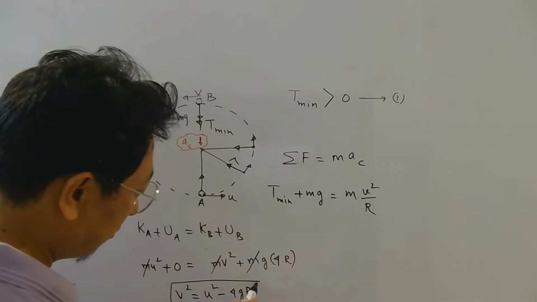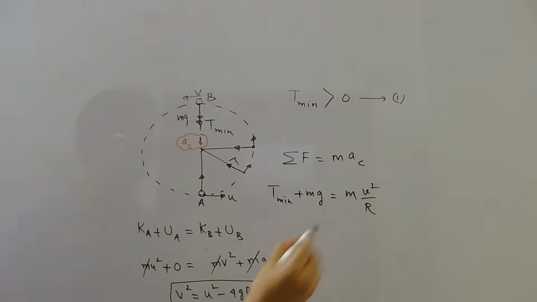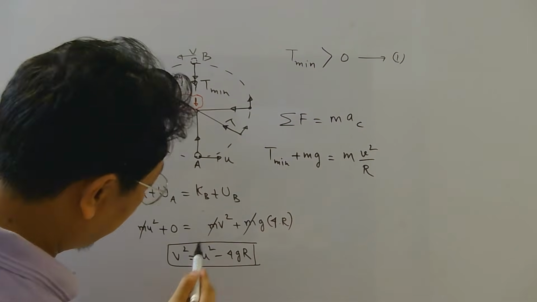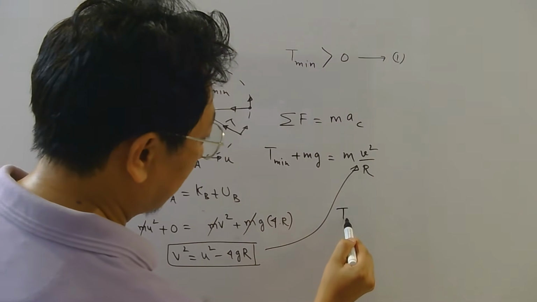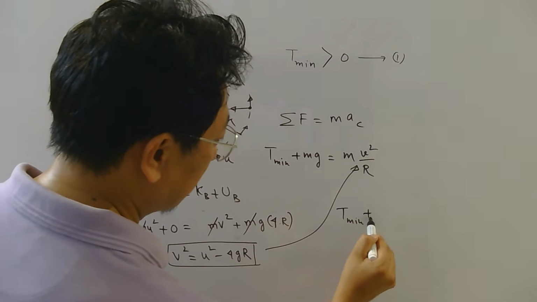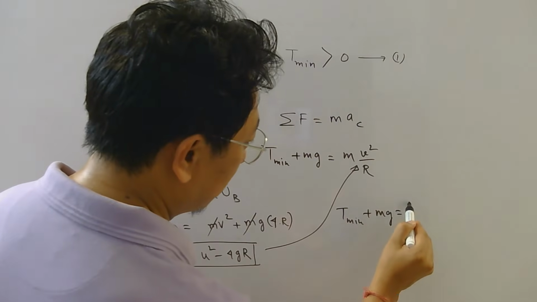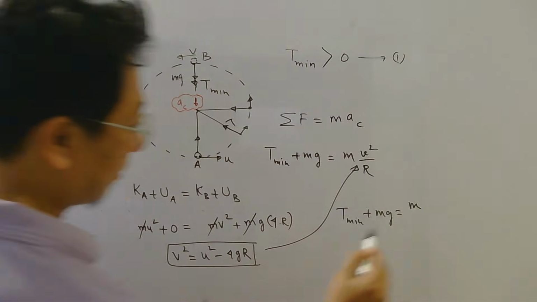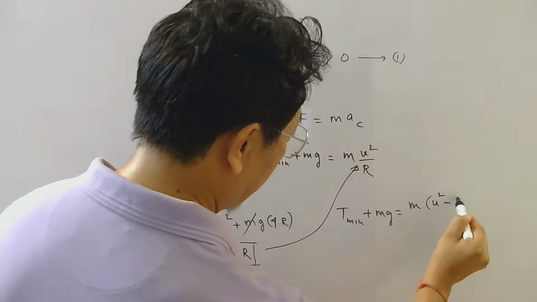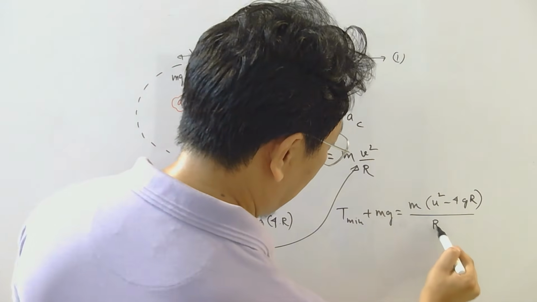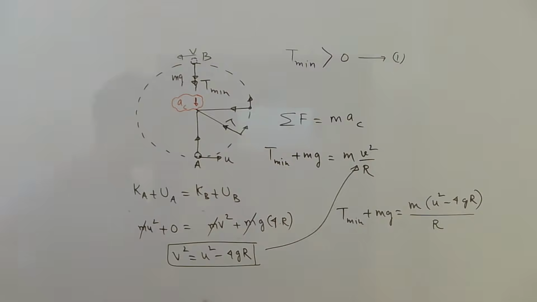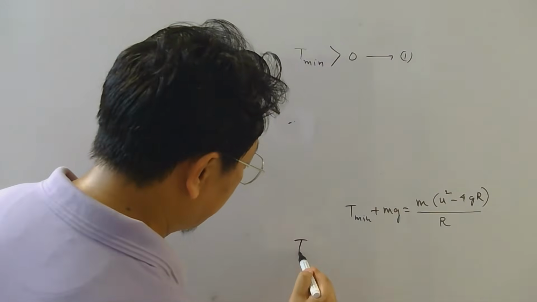So you can substitute for this v square in this equation. What will you get? Tension minimum plus mg is equal to m into, what is v square? u square minus 4gr, divided by r. Right? Okay. We can try to simplify this.